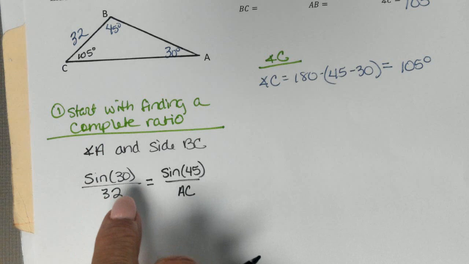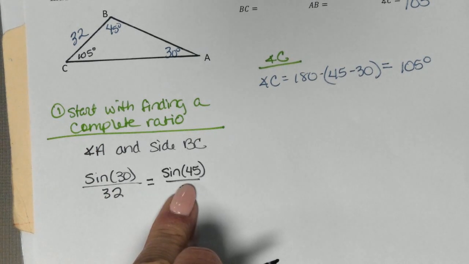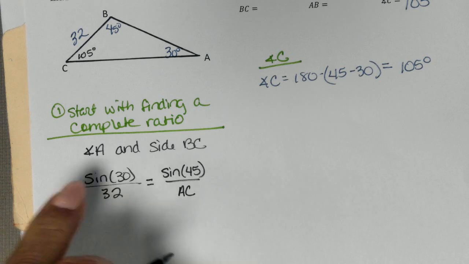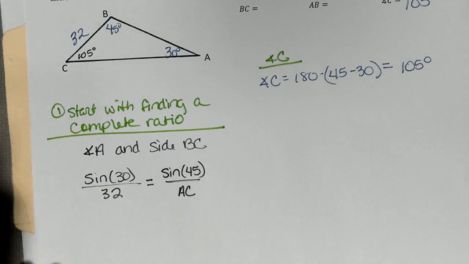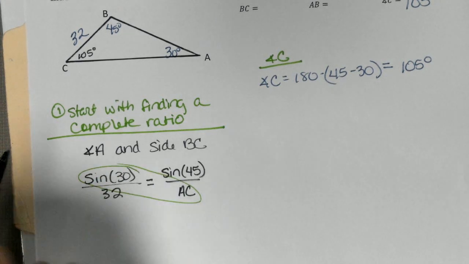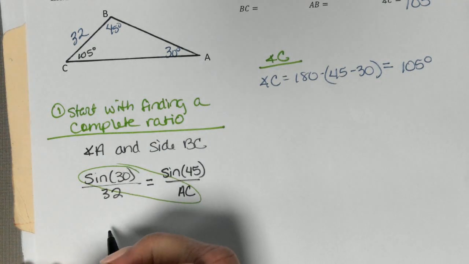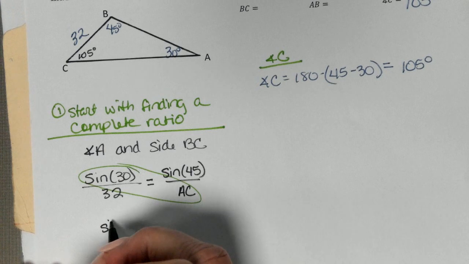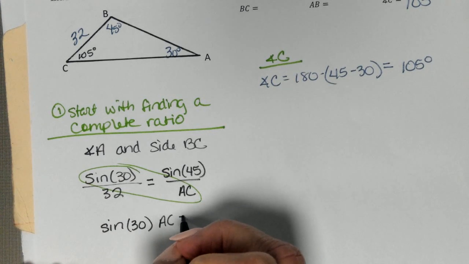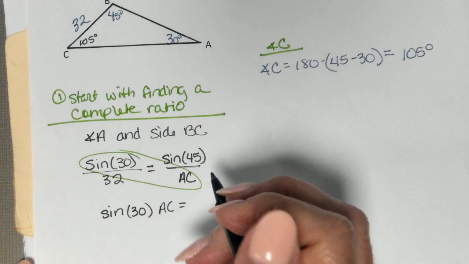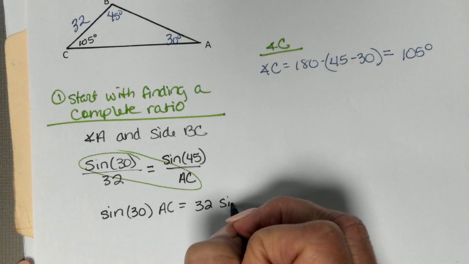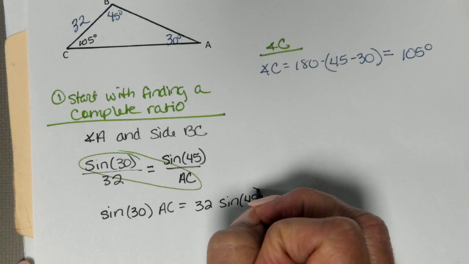Once I've got my proportion set up, all I have to do is cross multiply and solve. So I multiply across here so that we've got the sine of 30 times AC, and then cross multiply this way: 32 times the sine of 45.